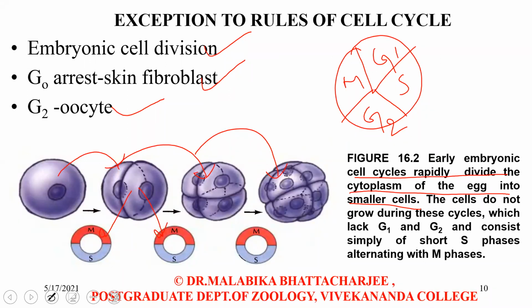Now coming to another category of exception seen in the cell cycle, that is the presence of G0 arrest in skin fibroblast cells. When we are talking about skin fibroblast cells, we are talking about the skin cells of our body.